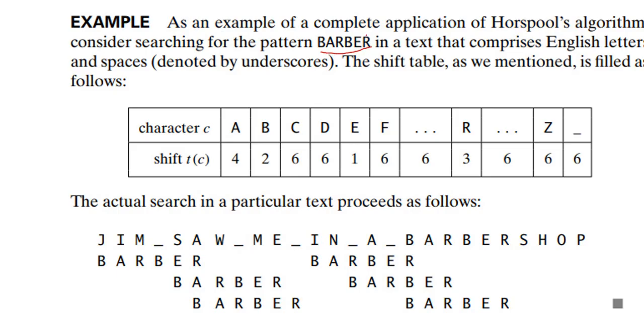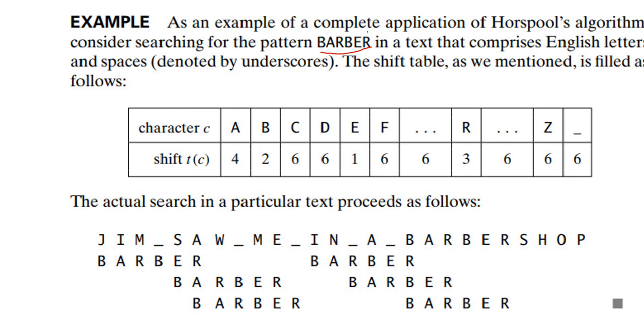We have 6 characters. In case I'm going to find out the shift table value for A, how will I find out?